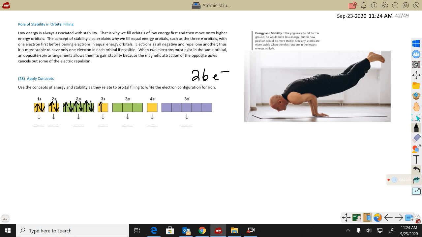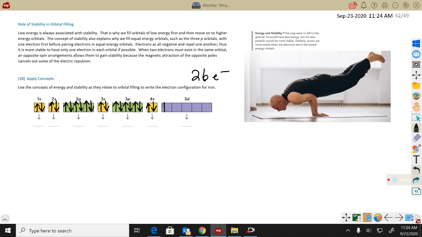I can fill the 3s with 2 right away because that's the only orbital at that energy level technically. So now I'm at 12, 13, 14, 15. I need to pair them. 16, 17, 18. I can fill the 4s right away. 19, 20.